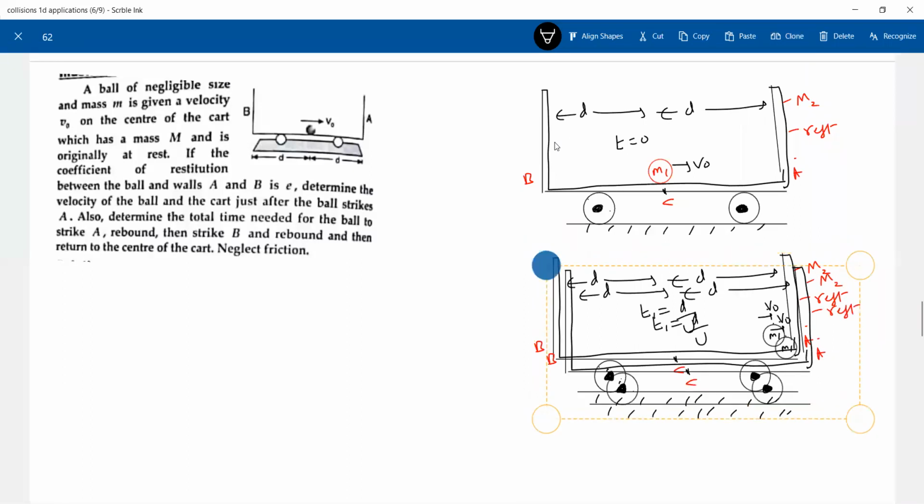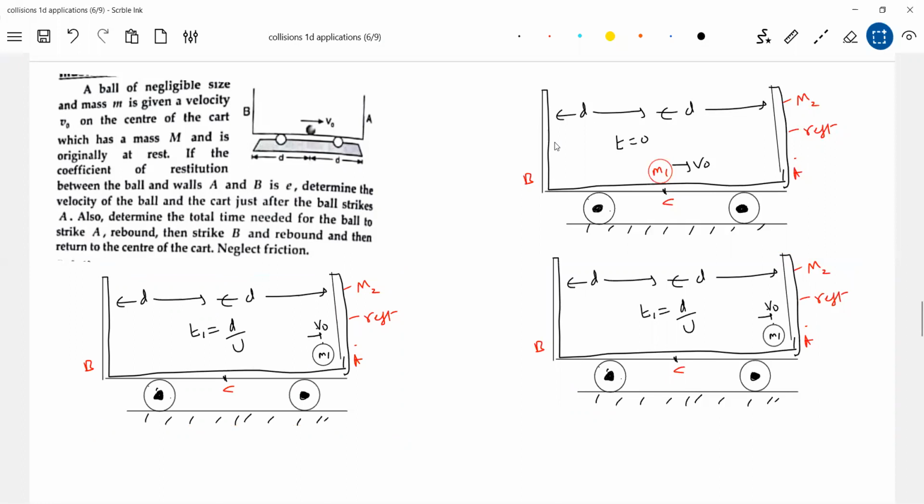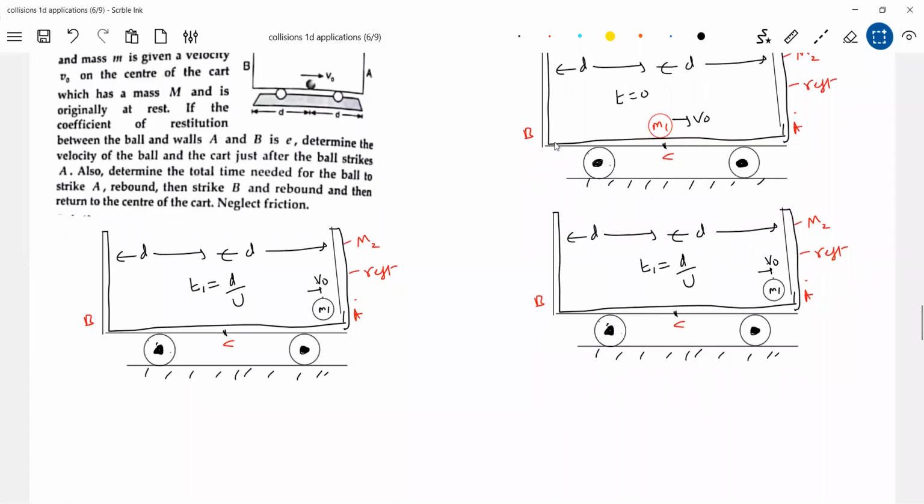Whose side? Why should I think? Read the question. Neglect friction. Okay, no? Okay, sir.